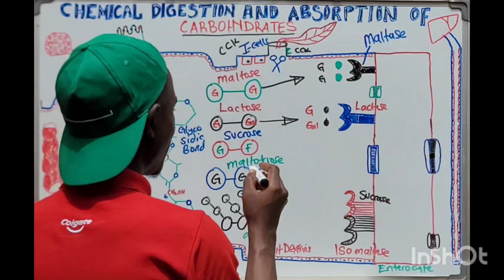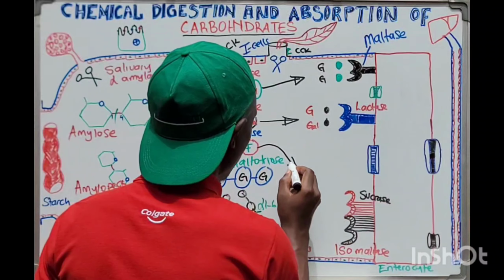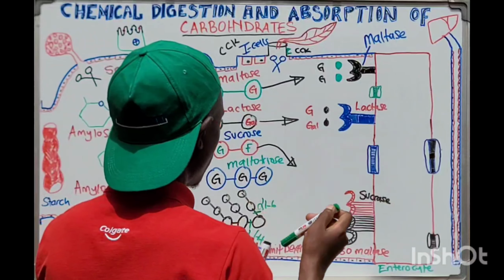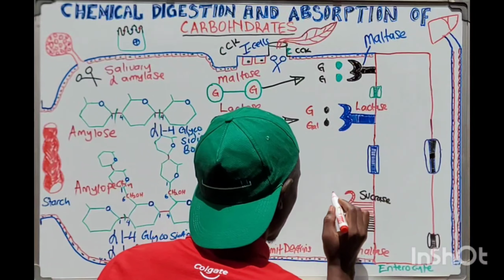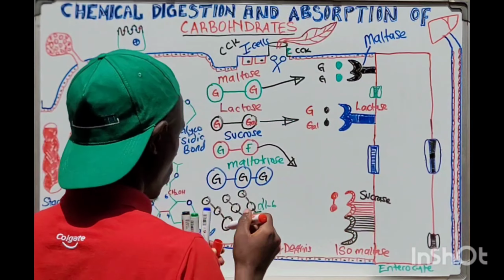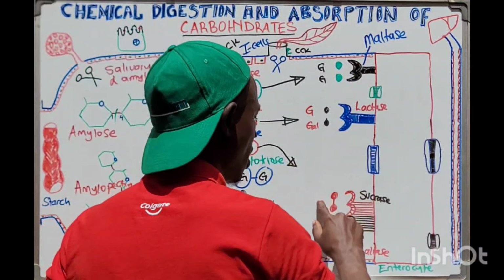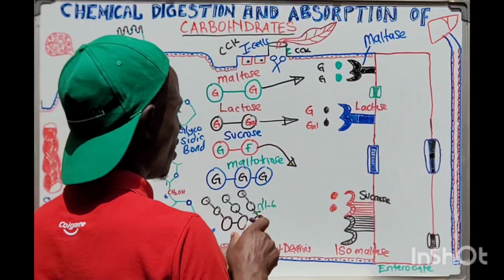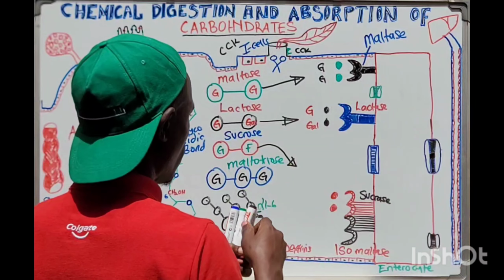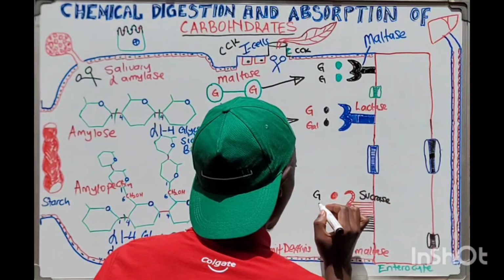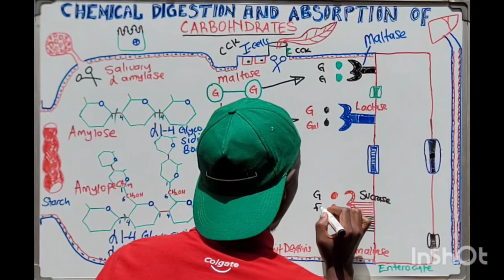Sucrose will come over and move to the enzyme we call sucrase. This sucrose contains glucose and fructose. The sucrase will come over and break this disaccharide into individual monosaccharides, glucose and fructose.